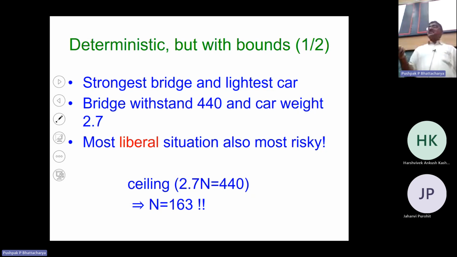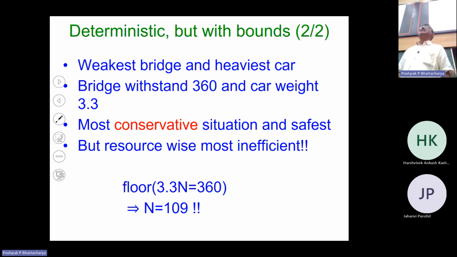Now the most conservative situation: the weakest bridge and the heaviest car. The bridge can withstand only 360 units of weight, and the car weight is a maximum of 3.3, that is 3 plus 0.3. Then the most conservative and safest situation is the floor of 3.3n equals 360, where n comes out to be 109. Very safe.